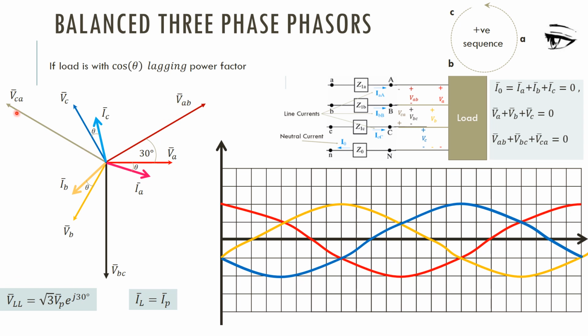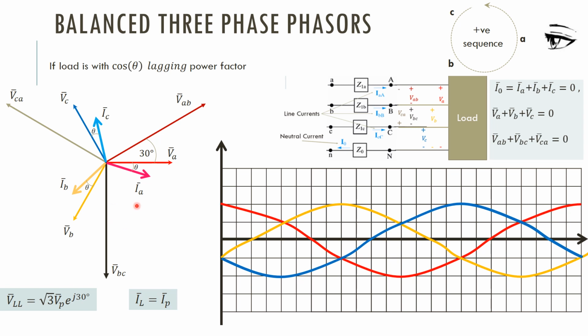Similarly, VCA also has a 30 degree phase shift, you will get VCA. Then similarly you will get VBC with a phase shift of 30 degrees from VB, magnified by root 3.